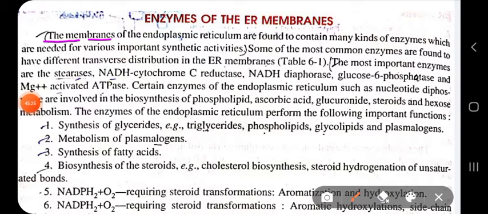The membranes of the endoplasmic reticulum are found to contain many kinds of enzymes which are needed for various important synthetic activities.